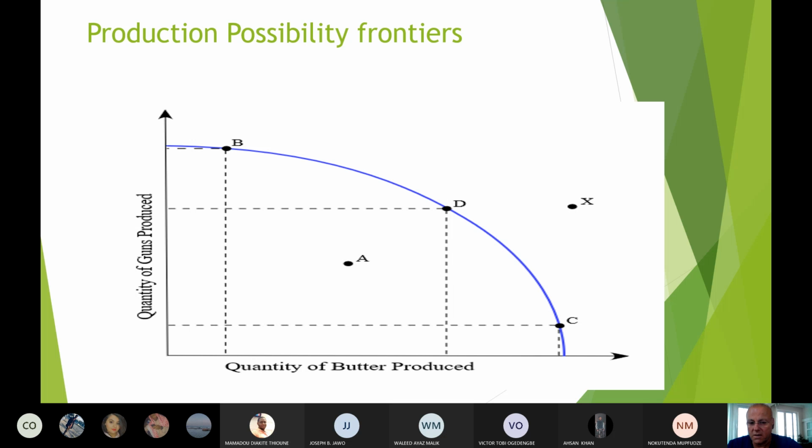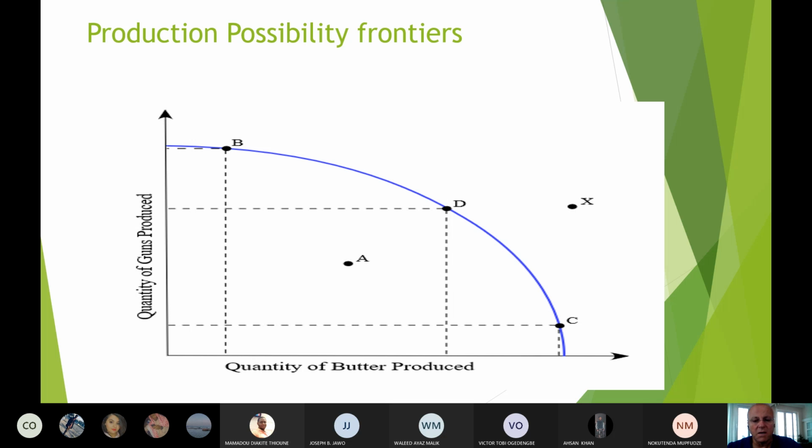You have to enlarge your technology, your production technique, or your capacity; your firm or factory should enlarge its capacity to be able to reach X. On points B, C, and D on the curve, we have used the capacity fully.